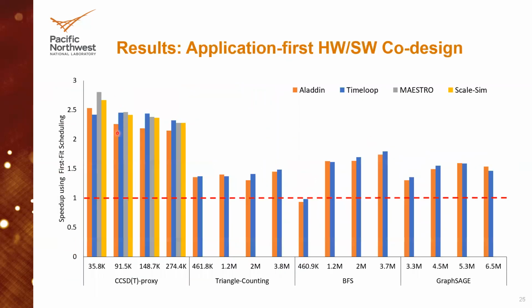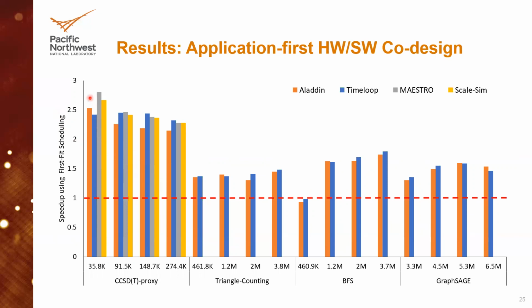So these are some of the results. This is overall, end-to-end application performance. Thinking about Amdahl's law, what is the serial part of an application, and what is the parallelizable or accelerated part of an application.